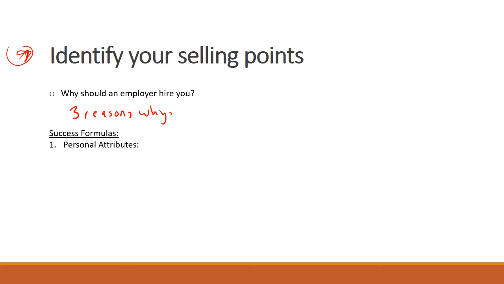So as an interviewer, you just take it with a grain of salt. Well, of course anybody's going to say that. You know what I mean? So you really need something to back this up, because anybody can say that. So here's what I recommend. Here's the first formula. Or oops, I actually hit next. So here's the formula for personal attributes.